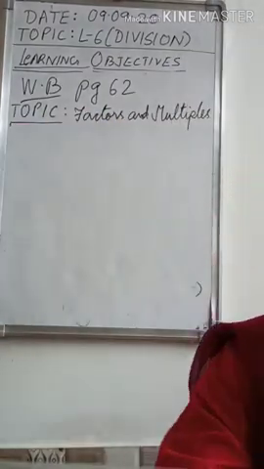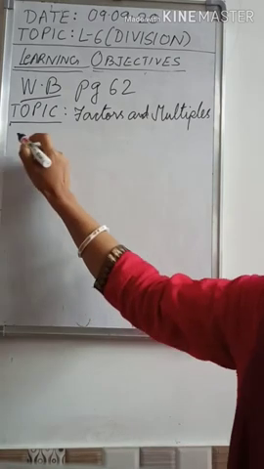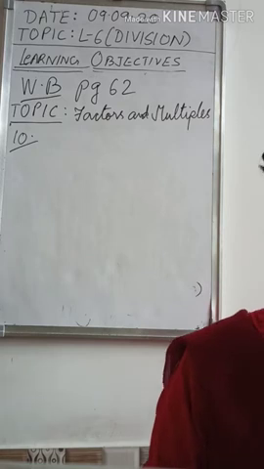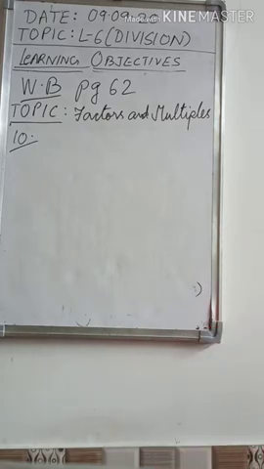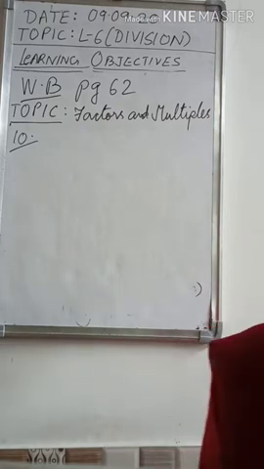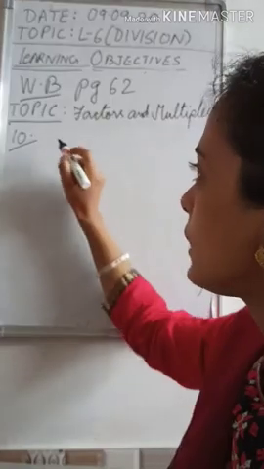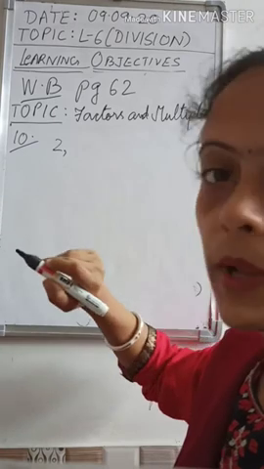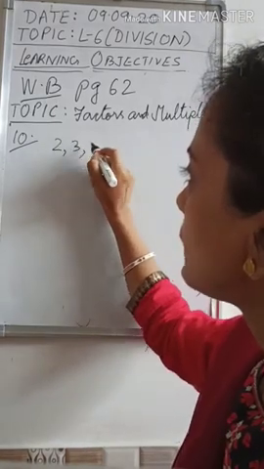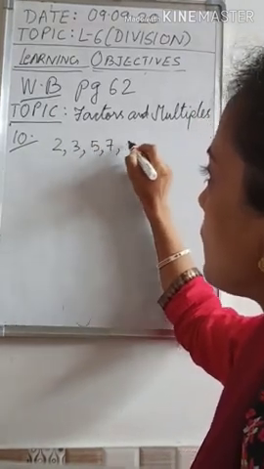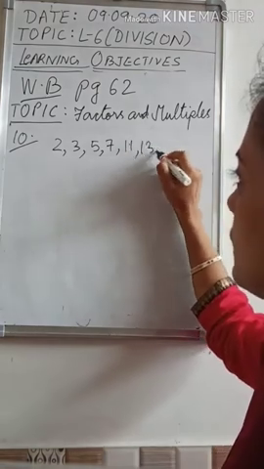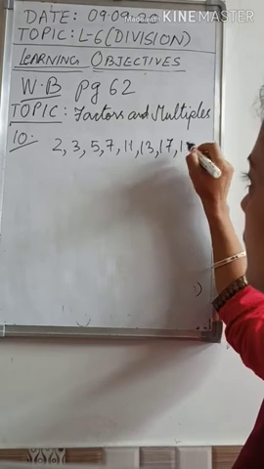Let us come to question number 10. Which is the only even prime number? You have to tell me which is the only even prime number. Can you tell me what the prime numbers are? The prime numbers start from 2. 2 is a prime number. After 2, 3, then 5, then 7, then 11, then 13, 17, 19.